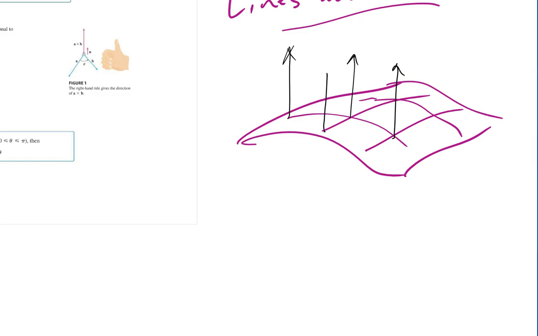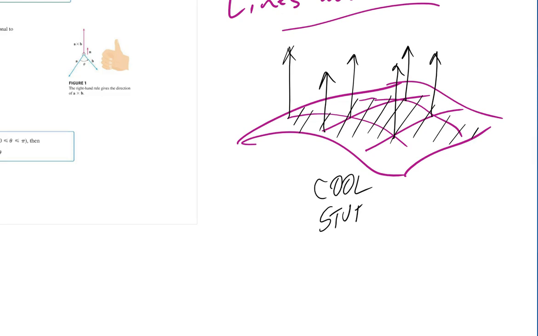That cross product is going to be these w values, and we take the length of these vectors, and when we add them all up, we're going to find the area of this surface. Okay, so it's going to be really cool stuff coming, but we need to know how to do this first. So let's get started with that.